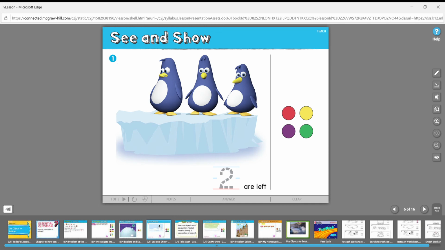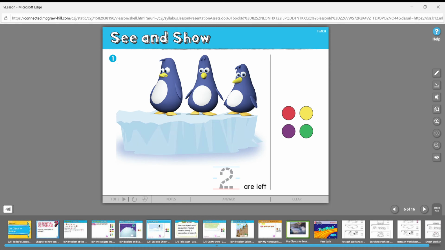So the next page has an example at the top. It says see and show. So on the top of that page, you'll see the penguins standing on an iceberg. Penguins on an iceberg. And here is the math problem. You are going to draw, I'm using counters, but you are going to draw. 3 penguins are on an iceberg.